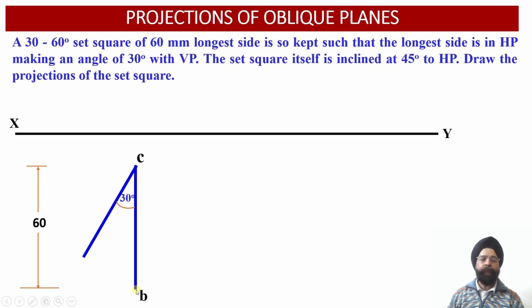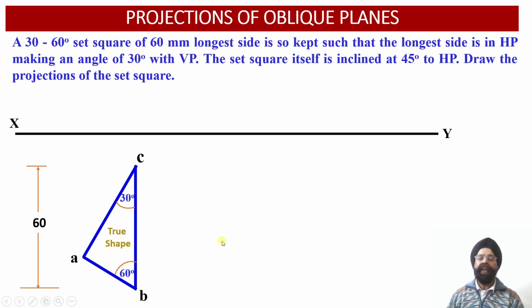Then from the point B, we mark an angle of 60 degree and draw another projection line, and see where this new projection line drawn at 60 degree from the point B intersects with the projection line we had drawn through the point C inclined at 30 degree. The intersection of these two projection lines provides us with the location of the point A in the top view.